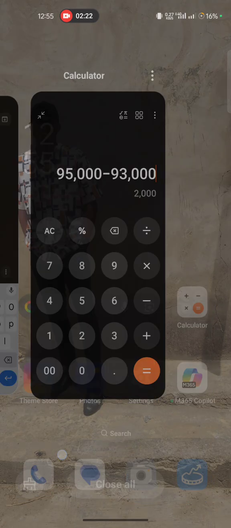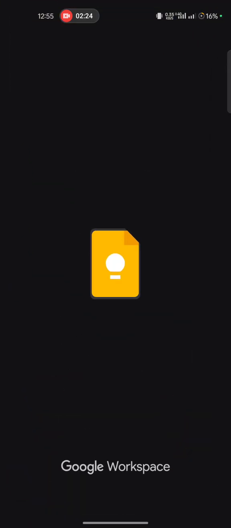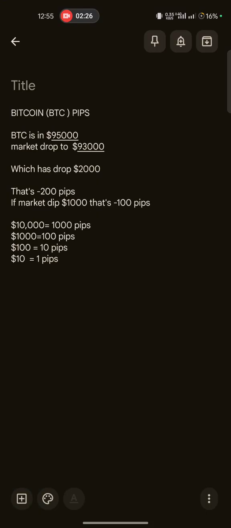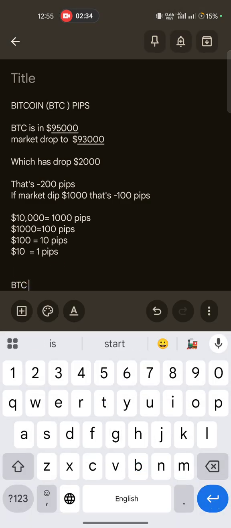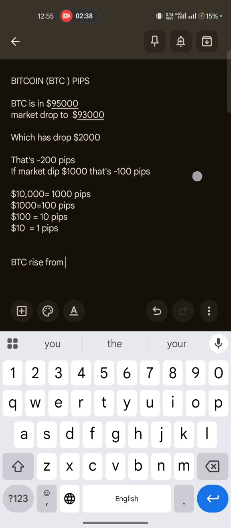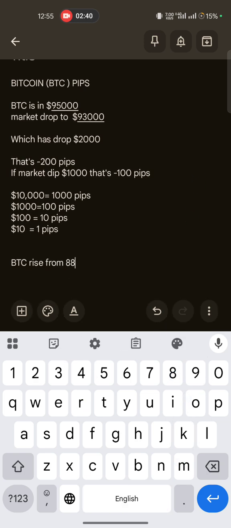So let's now assume the market pumps. BTC rises from 88,000 to 90,000.